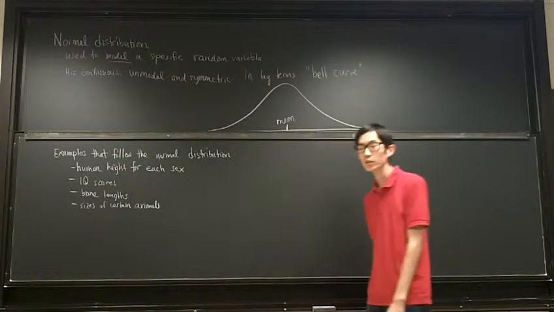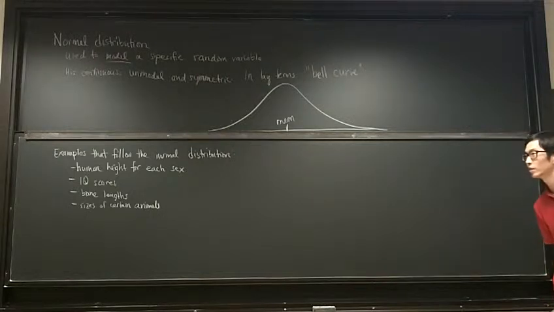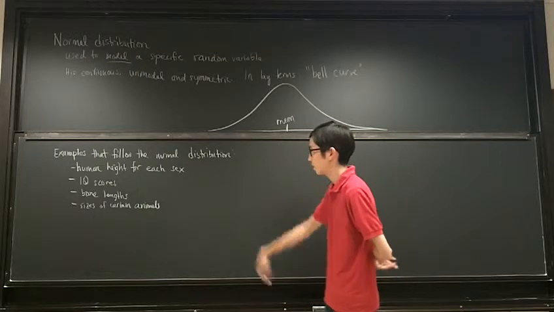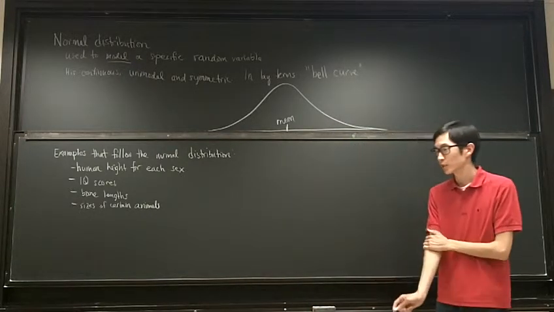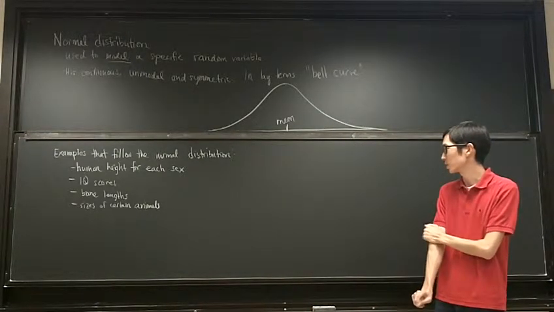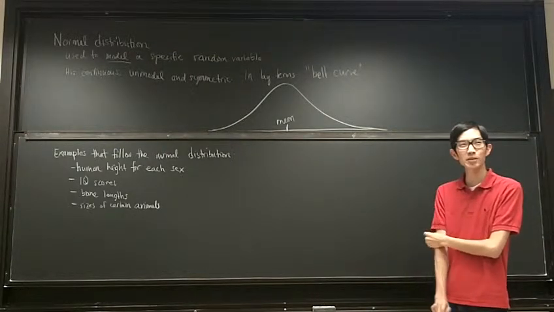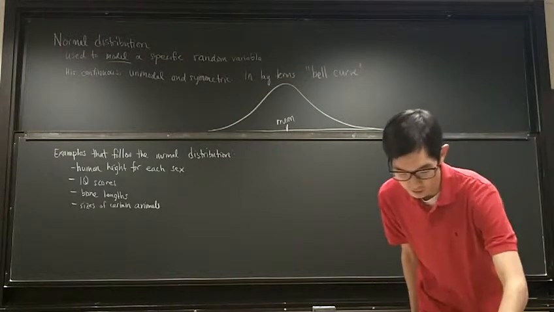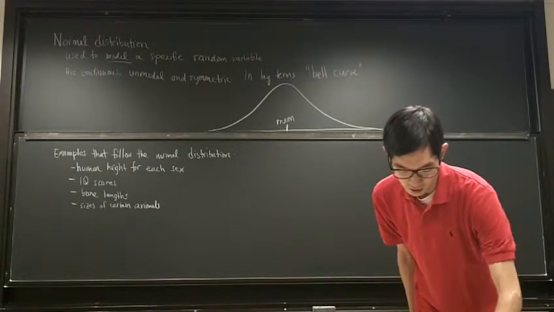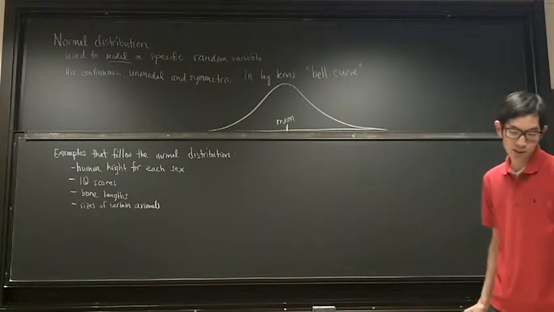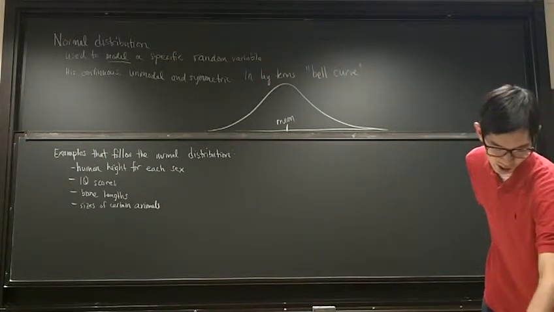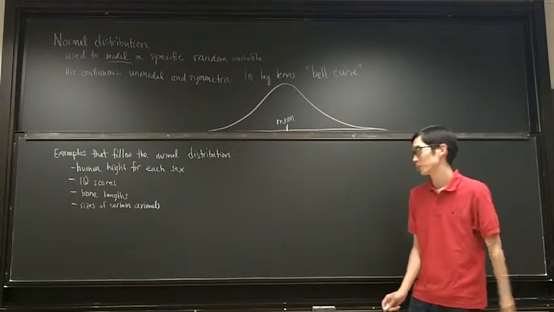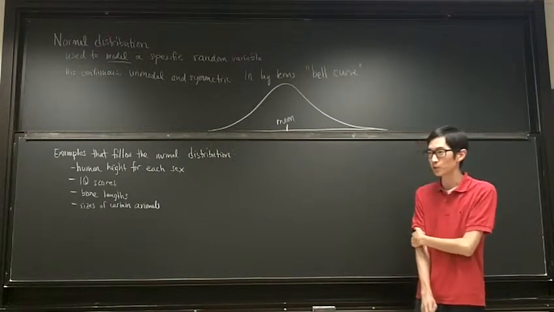Not weight of humans, I don't know. Okay. So these things follow the normal distribution. What other examples can you guys think of? No? Okay. The book says cholesterol levels in your blood. So a lot of things follow the normal distribution.